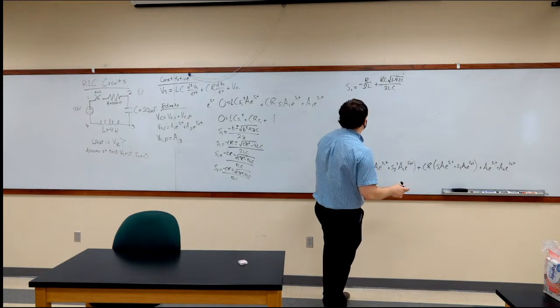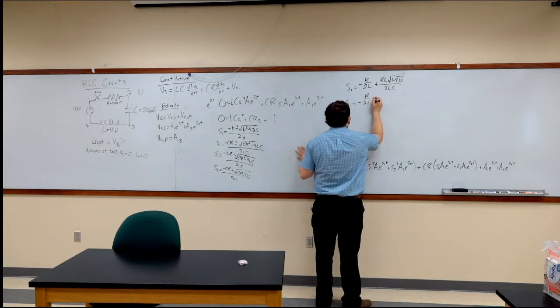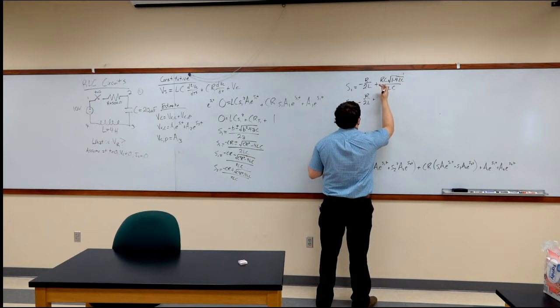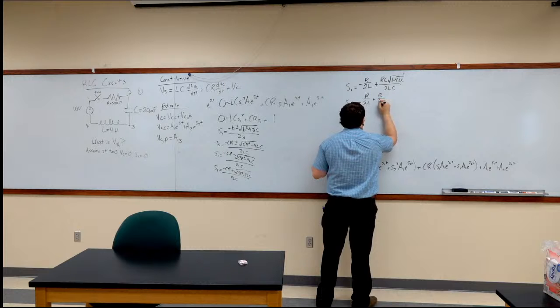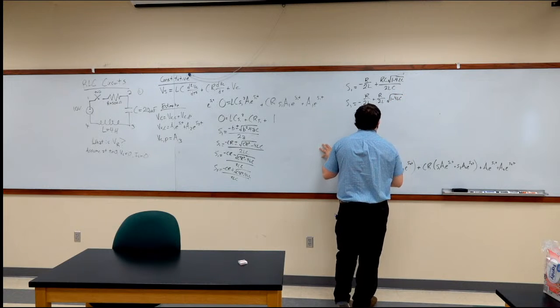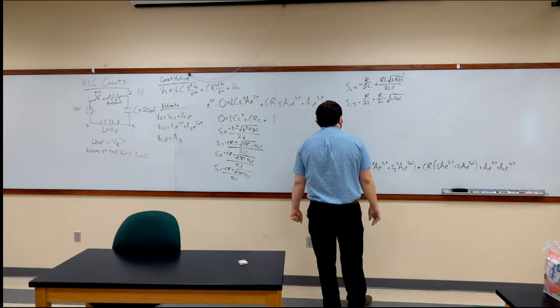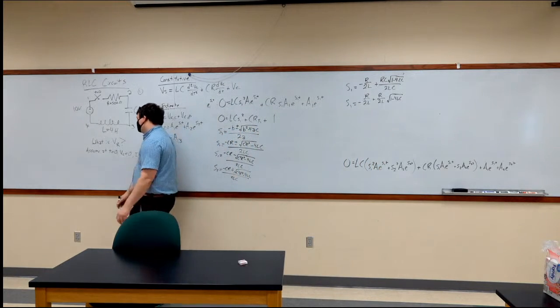If we simplify that a little bit more, we get S1 equal to negative R over 2L plus R over 2L times the square root of 1 minus 4LC. Okay, so it's not really all that pretty, but it's slightly prettier.